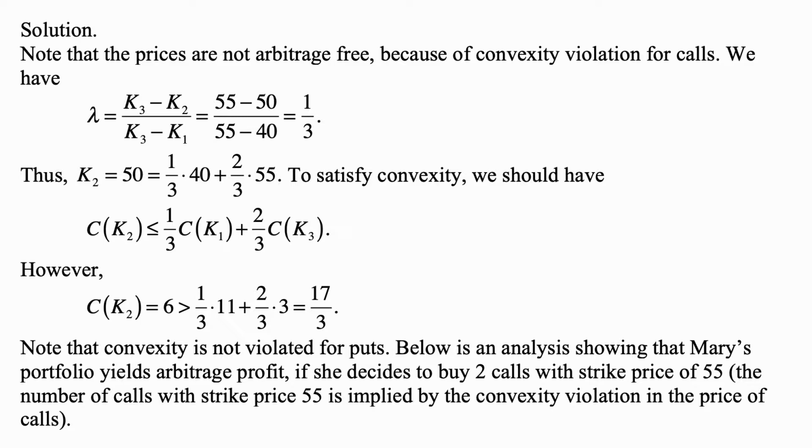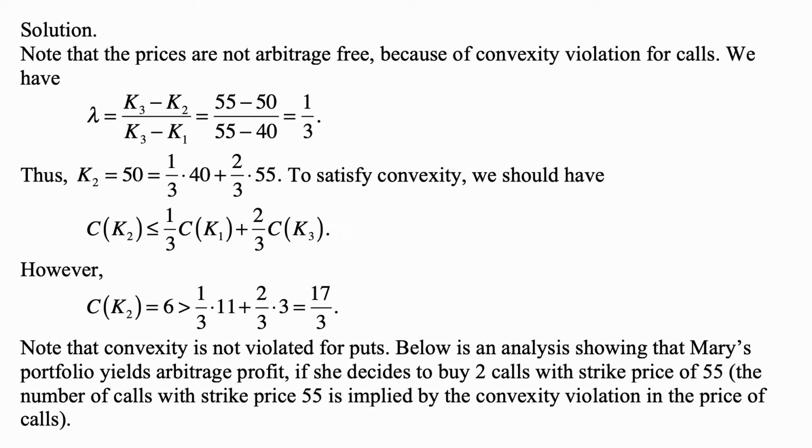However, we actually know that C of K2, where K2 is 50, is 6, and that's more than 1/3 times 11, C of K1, where K1 is 40, plus 2/3 times 3, which is C of K3, where K3 is 55, and that's equal to 17 over 3. And of course, 6 is 18 over 3, so 6 is more than this. Note that convexity is not violated for puts.